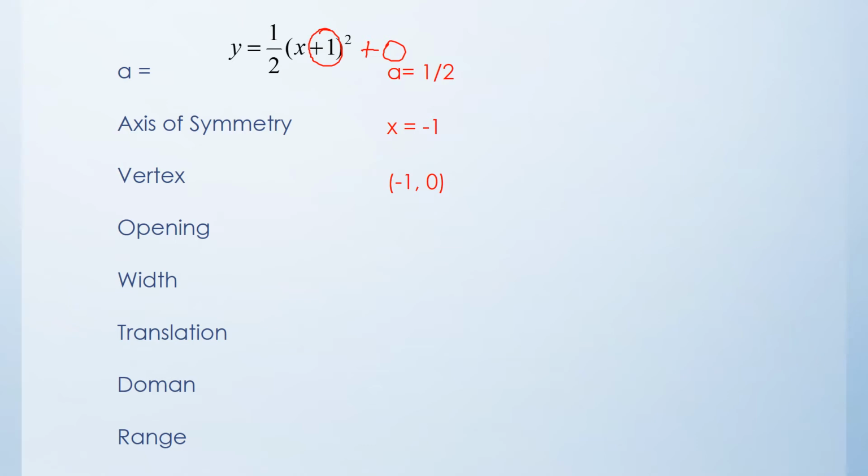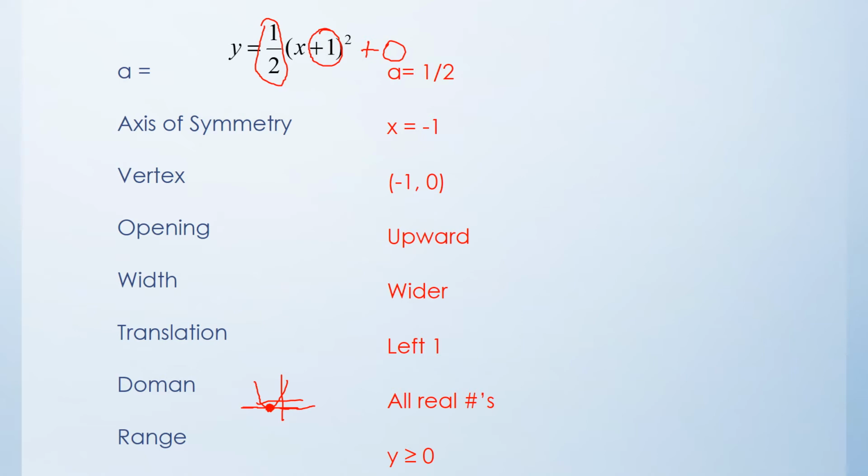Because a is positive, it's opening upward, and because the absolute value of a is less than 1, it's going to be wider than normal. So how has it moved? It moved left 1, because it does the opposite of what's inside. So our domain, all reals, please don't miss that on the test. And the range, again, because it's opening upward, at (-1, 0), the minimum value is going to be 0.